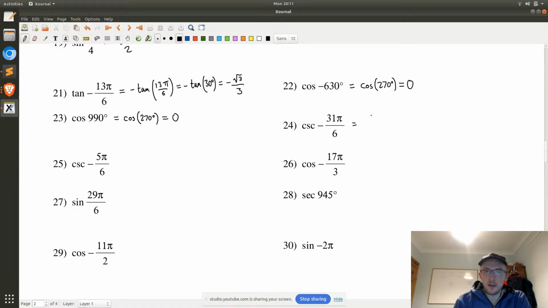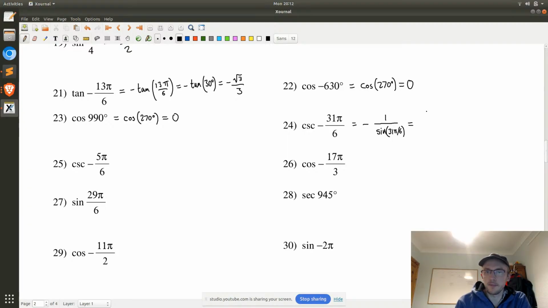Okay, so this is 1 over sine of 31 pi over 6 first.